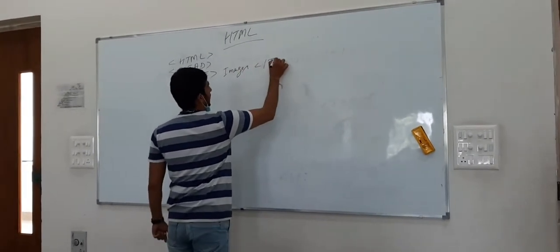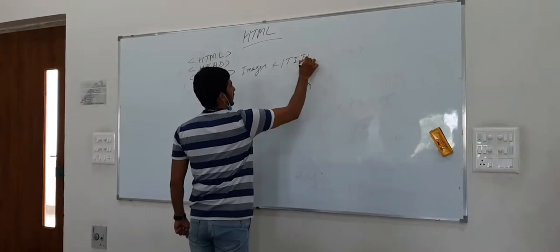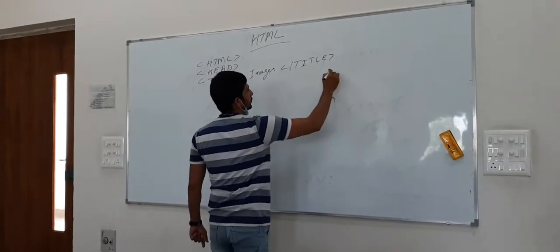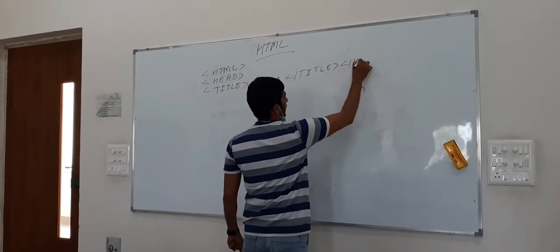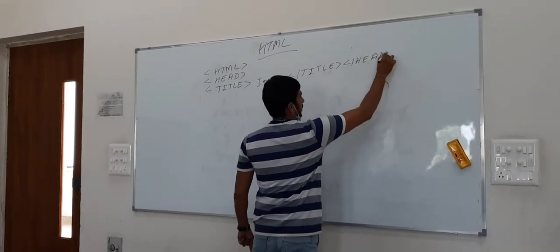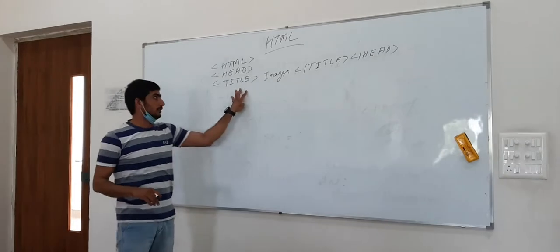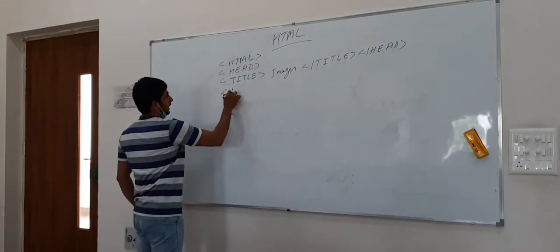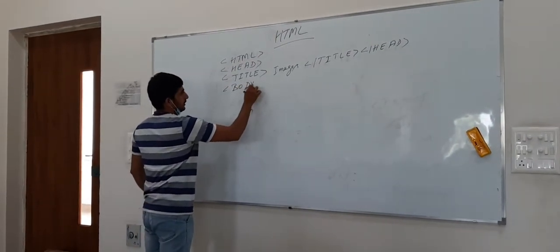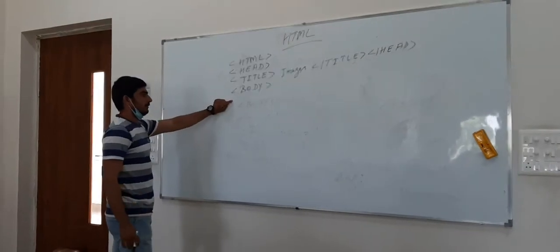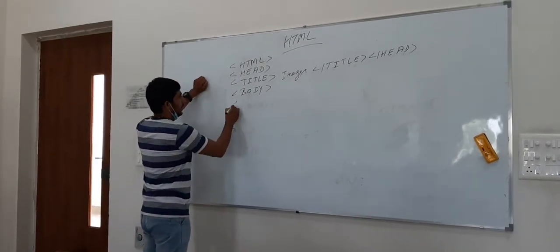Now we will close the title. Now we will also close the head, because our heading work has been completed. Now starting our message, the body. Here we will put the image sources.